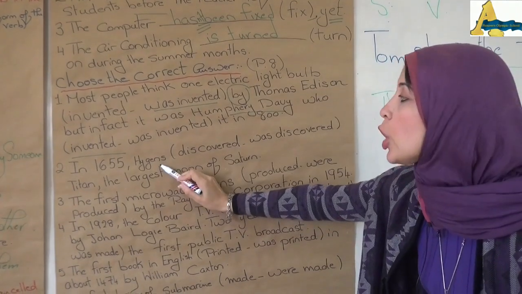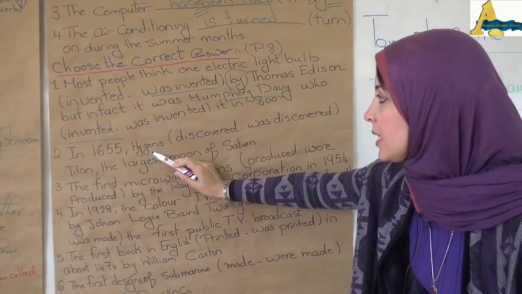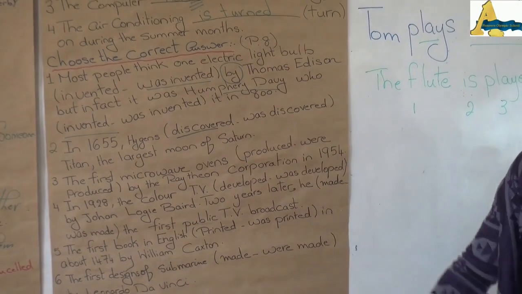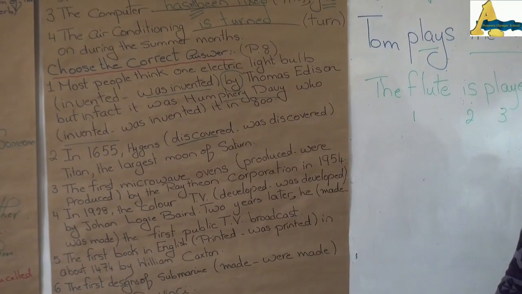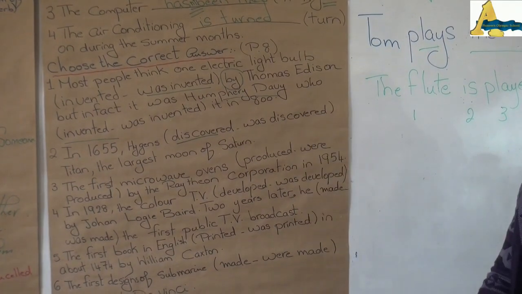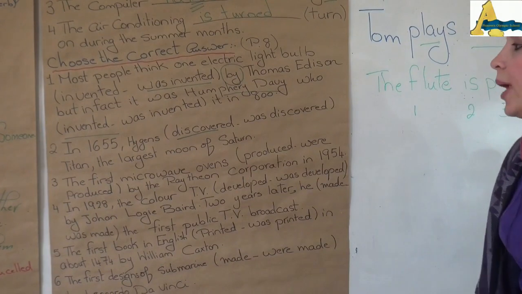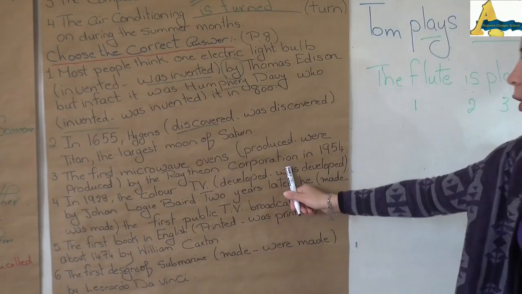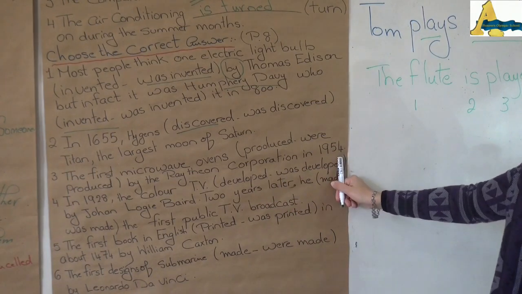Here we have the doer. So in 1655, Huygens discovered Titan, the largest moon of Saturn. This one is active.